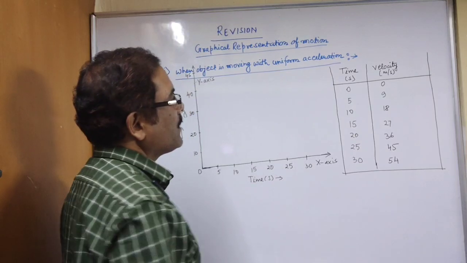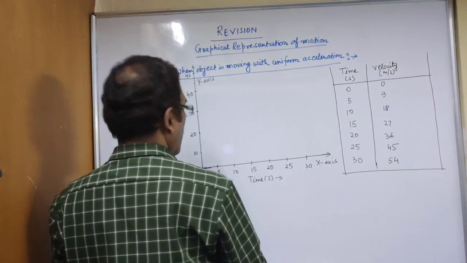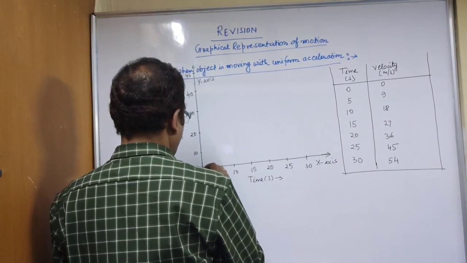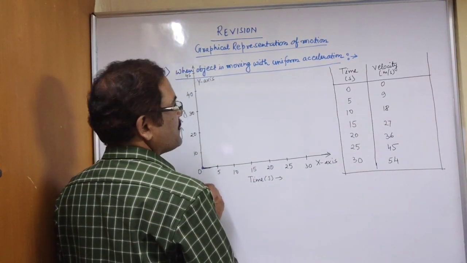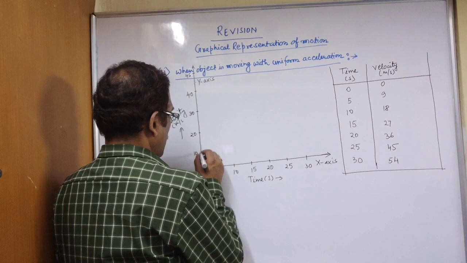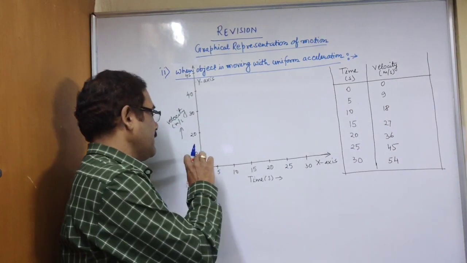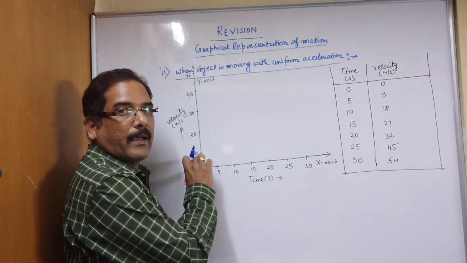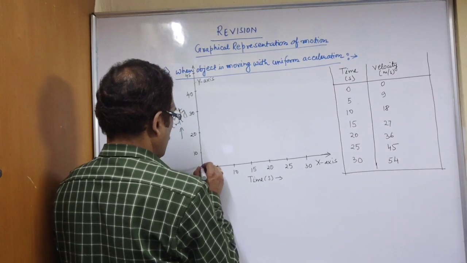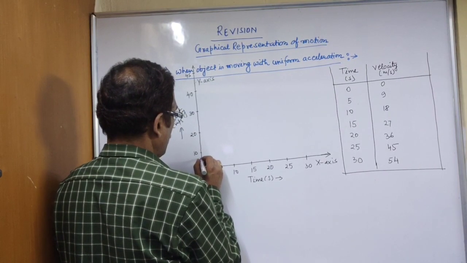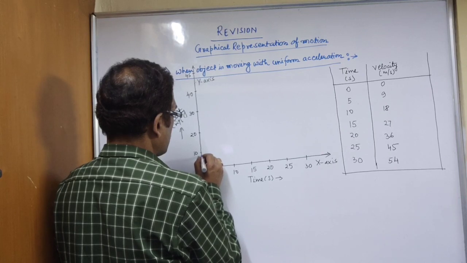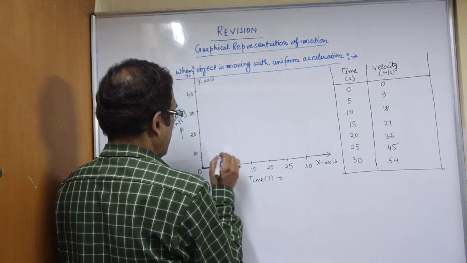So first, when time is 0, velocity is also 0. Then when time is 5 seconds, velocity is 9. So you have to divide this distance into 10 equal parts. So 1, 2, 3, 4, 5, 6, 7, 8, 9.